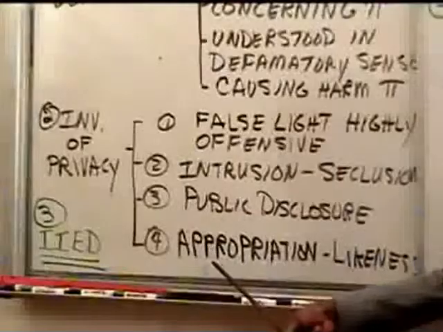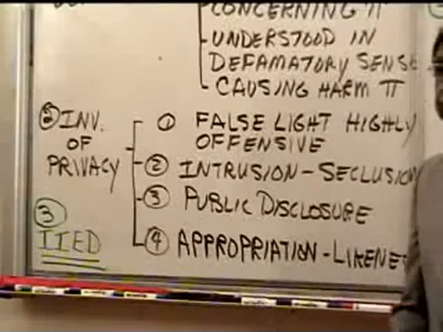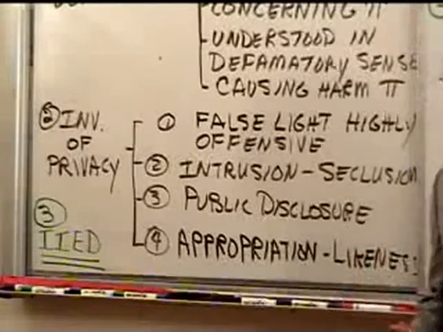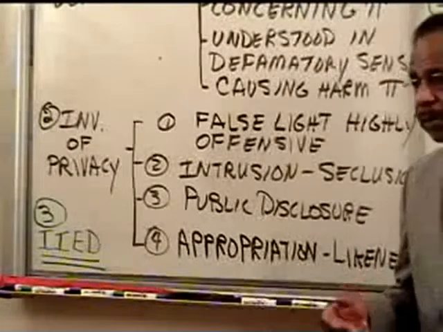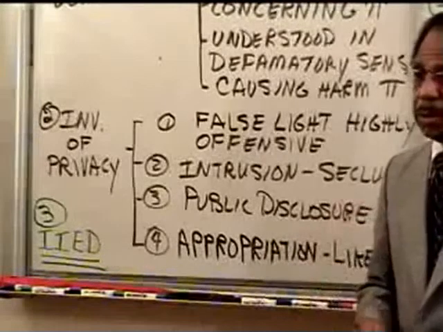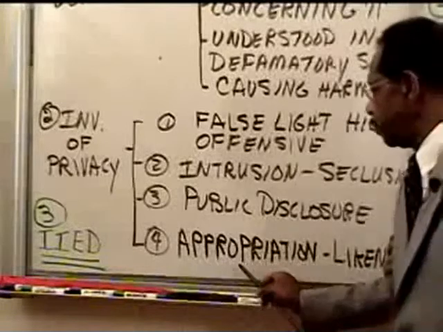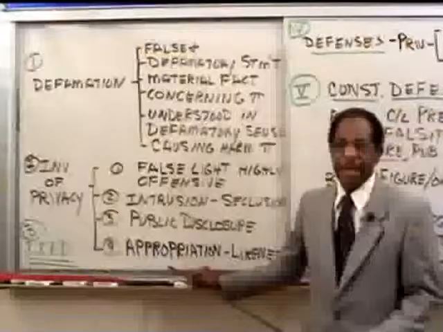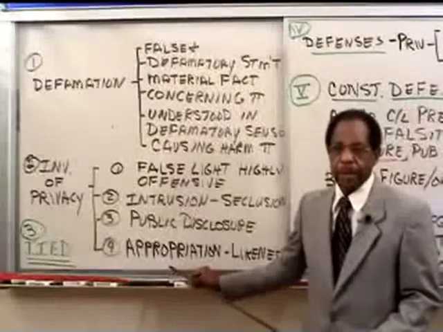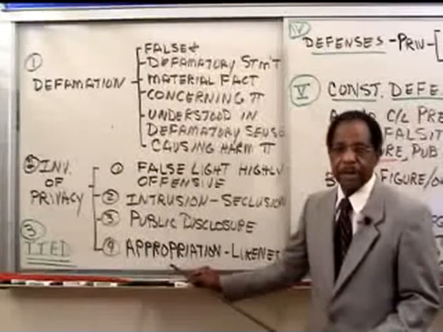And finally, appropriation of one's likeness occurs where someone makes commercial use of your likeness, and you can sue either for the commercial value or to try to find some other basis. If it's a public figure, then appropriation of the likeness already has a pecuniary value, monetary value.